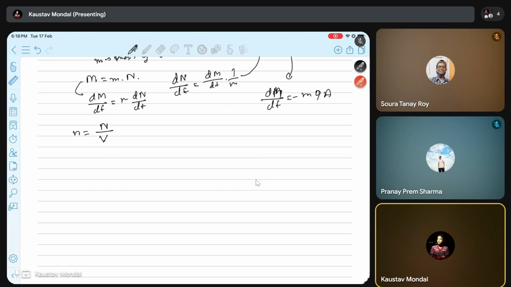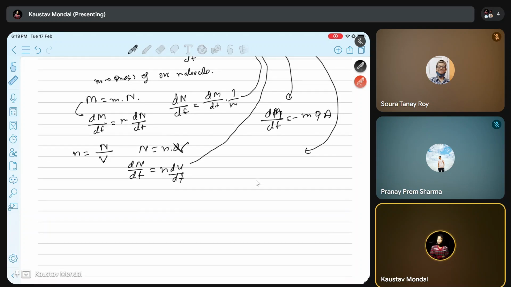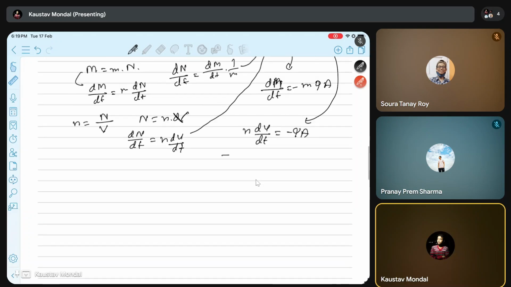So you can write n equal to n into v, and dn dt equal to n into dv dt. Substituting this here gives n into dv dt equal to minus phi a, that is dv dt equal to minus phi a by n.